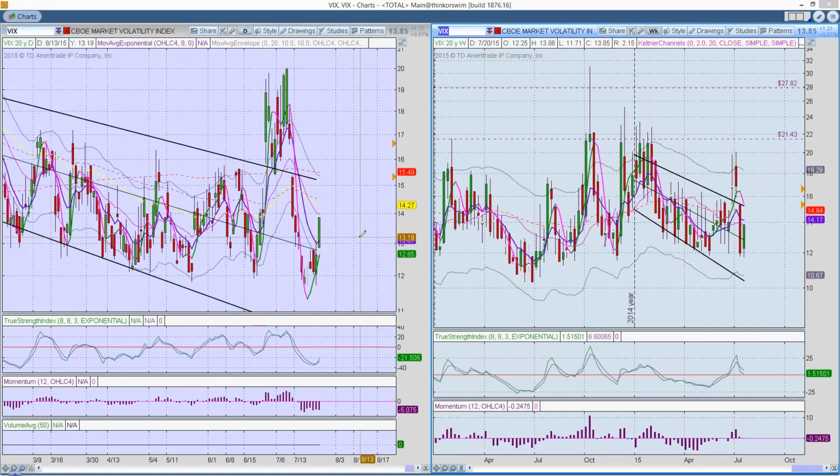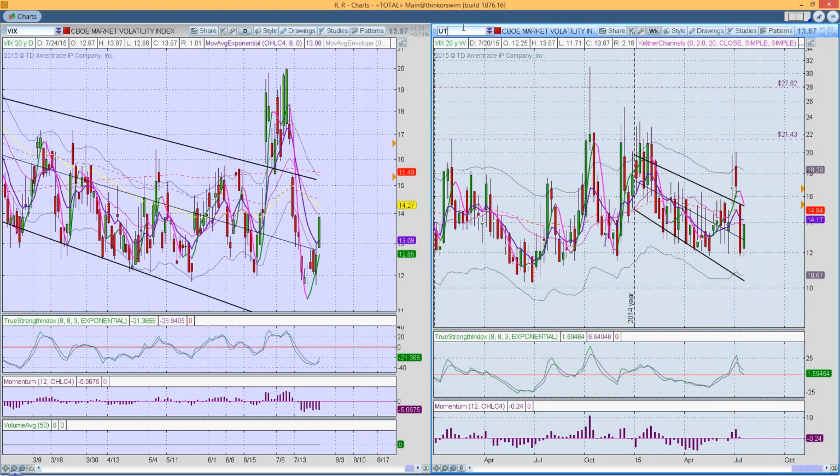But right now, the linear regression shows the midsection at about 12.5 or 12.8. It's when we start pushing back up above 15, if you're an option trader, that's the area where you want to be a seller of option premium, not a buyer. Down here, it's a great place to be a buyer.